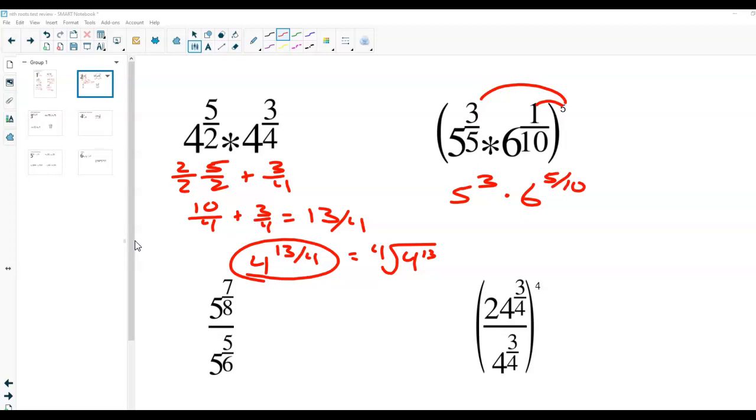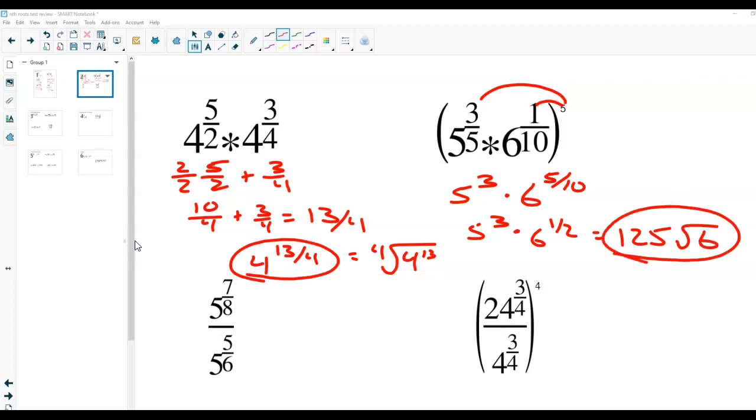And that could be reduced to 1/2. My advice, you can do something with this. 5 cubed times 6 to the 1/2 is this. 5 cubed is 125. 6 to the 1/2 is the square root of 6. You can write the answer that way.